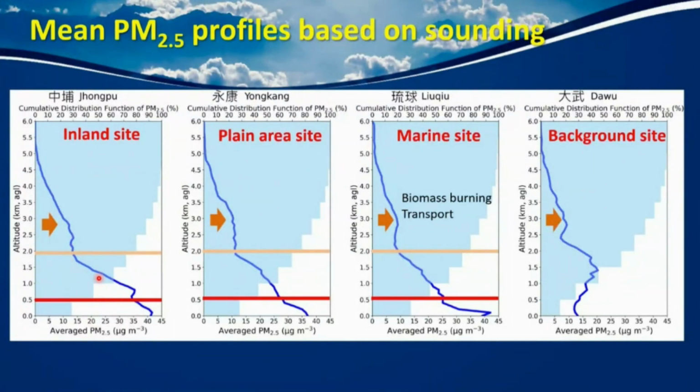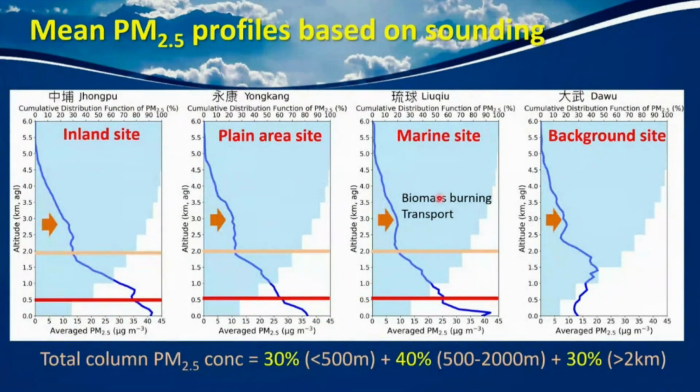So basically, in the Gaoping CAPEX field campaign, we can characterize 3 layers of aerosol distribution in this domain. We also did some calculation of the concentration percentage.